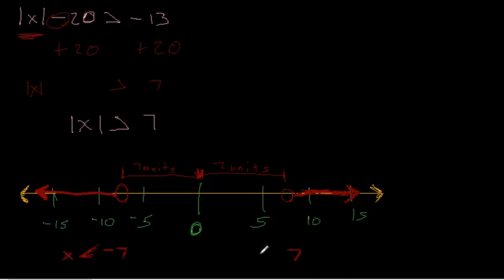So starting with x again, I'm going to say, hey, x is greater than positive 7. Now, since these two lines are moving in opposite directions, I automatically know they're not connected. They're not going to run into each other. It's an or statement. So x is less than negative 7, or all values of x are greater than 7.